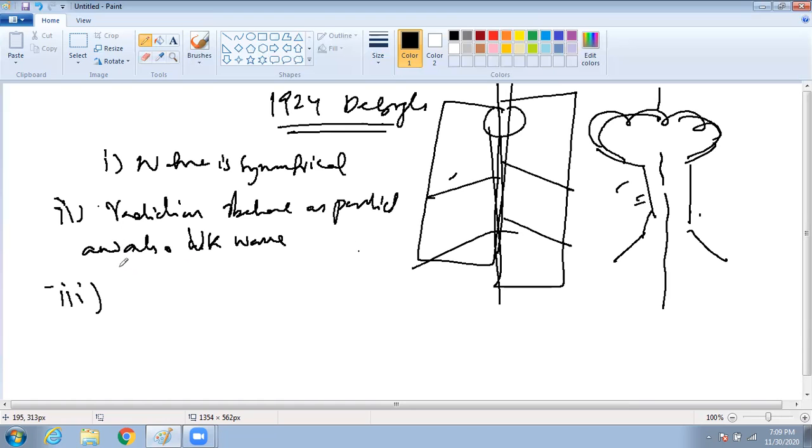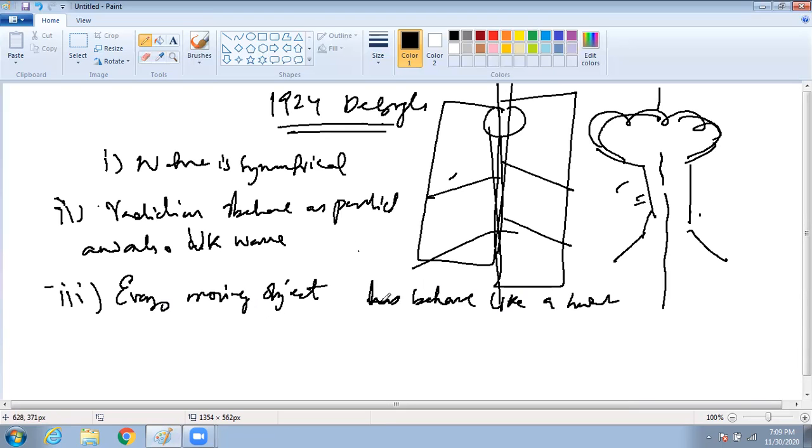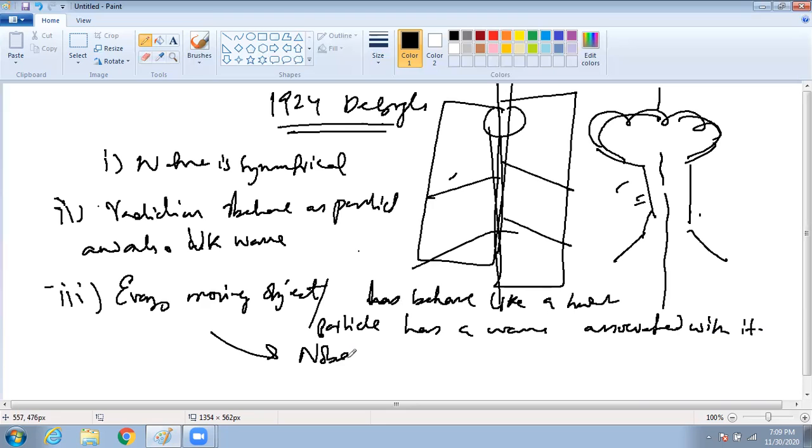And he got a Nobel Prize for proving that every moving object or particle has a wave associated with it. For this he got a Nobel Prize.